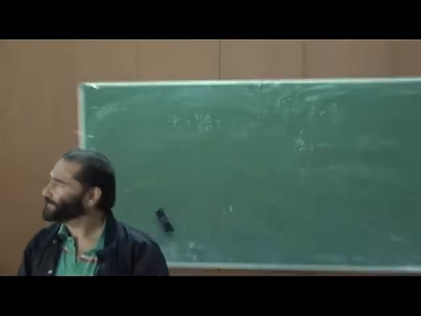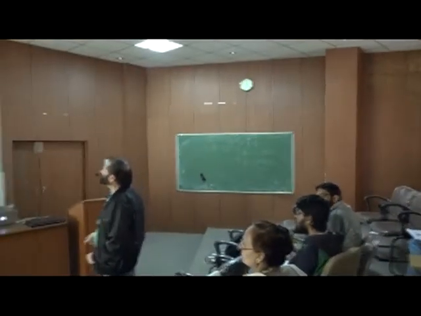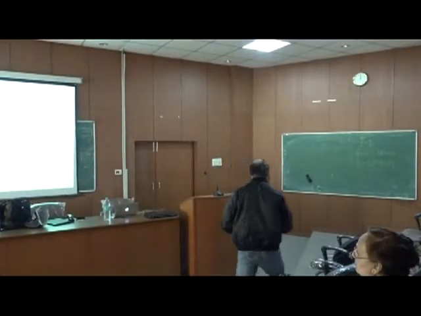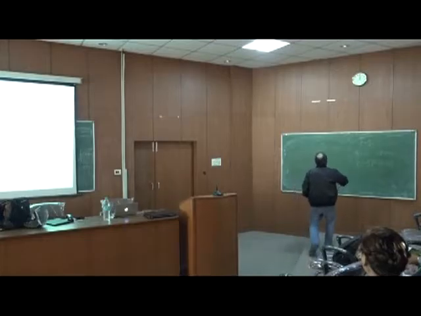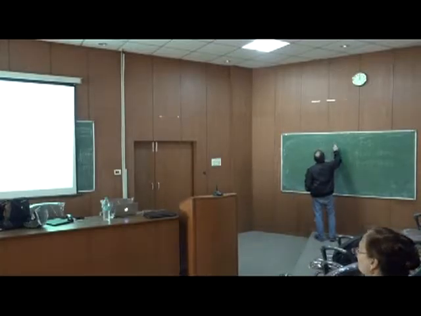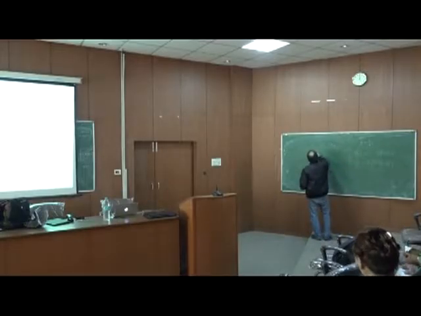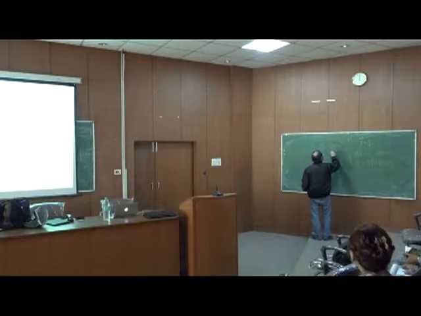Maybe I made an error here. Because psi 2 is this thing minus, let's do it carefully, minus 4 pi by 3 rho. Okay. But we already know that rho is mu divided by a cube times 1 plus. We already did this.